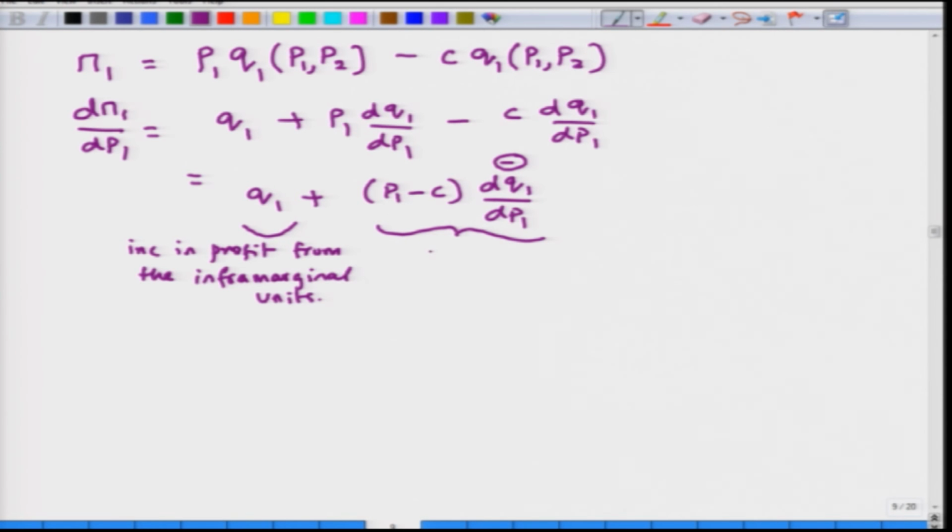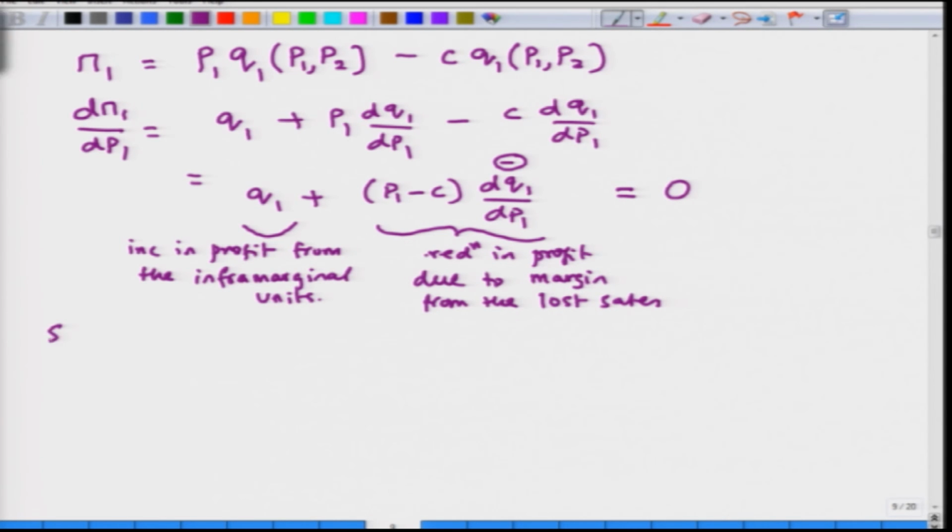So, this is the reduction in profit due to the margin from the lost sales, right. These are the two terms, and the necessary first order condition is that firm 1 takes the first derivative of the profit function with respect to P1 and sets that equal to 0.